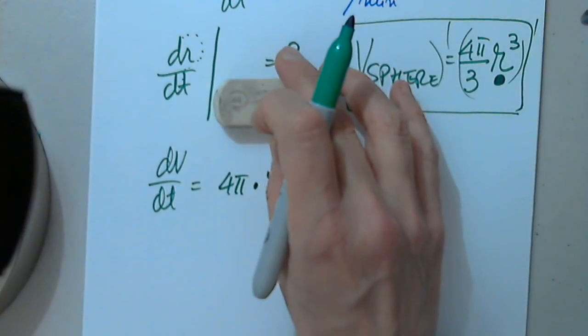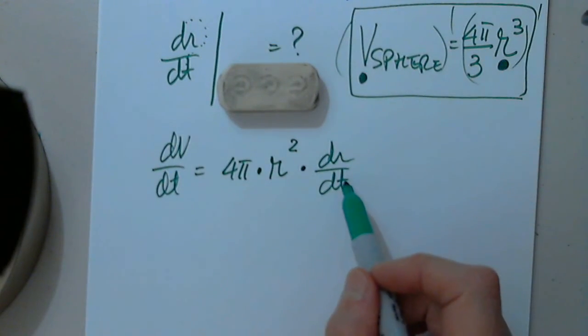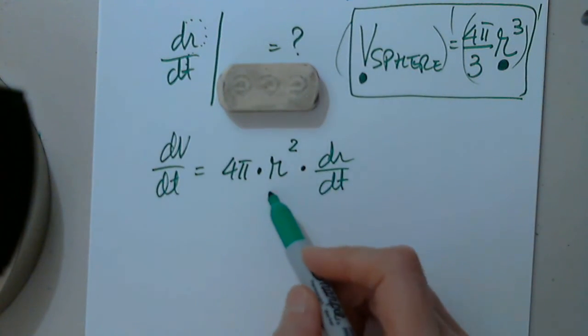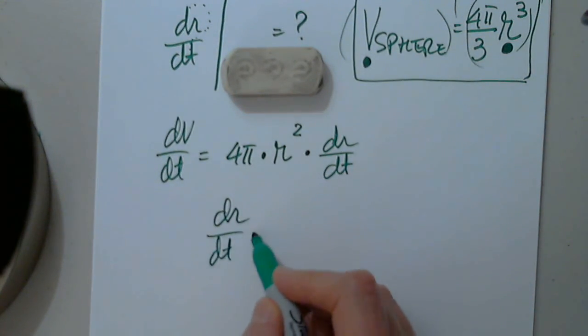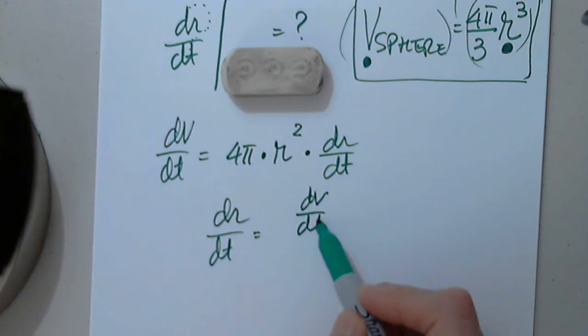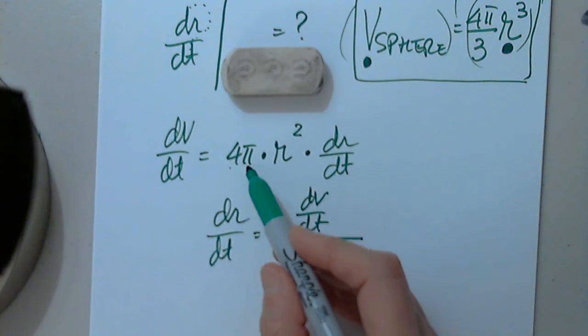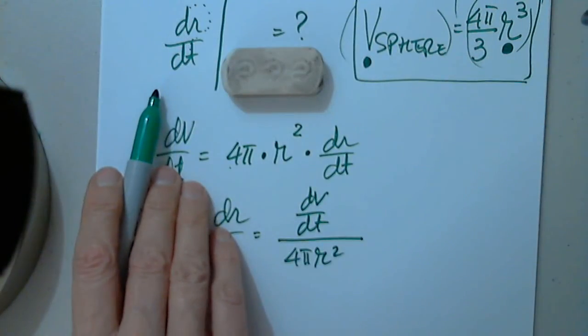And now I'm not there yet. I have to solve for dr over dt. So I will divide both sides by this. So dr over dt equals this over this. So dV over dt over 4 pi r squared. I got that.